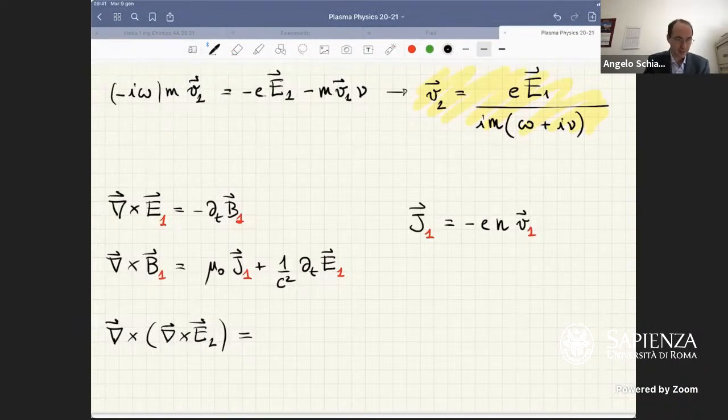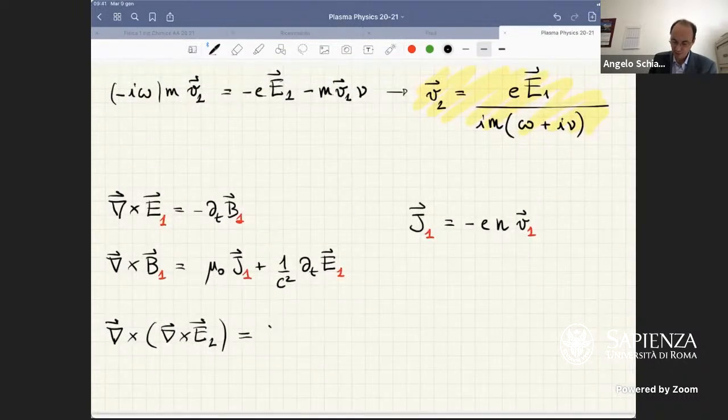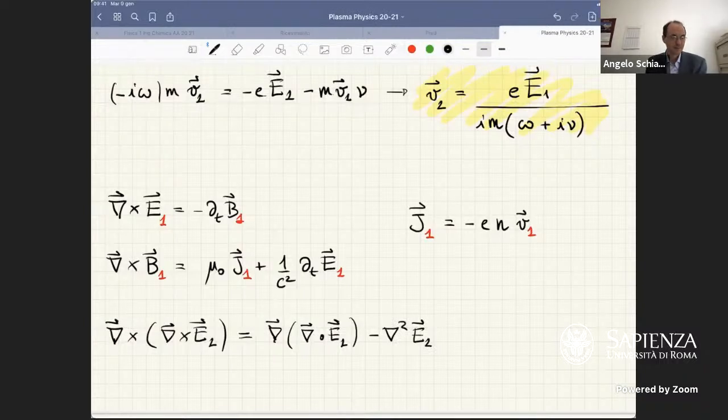Okay, and this is the usual vector identity. So we have the gradient of the divergence of E minus the Laplacian of the electric field. And this is equal to the curl of the second term, this one here.